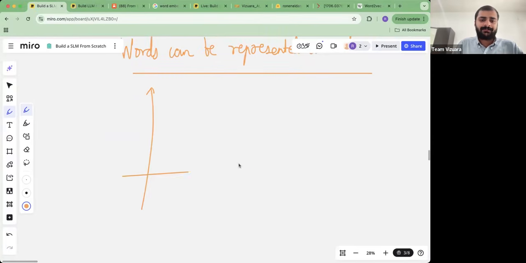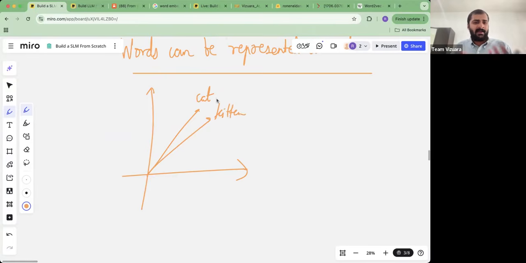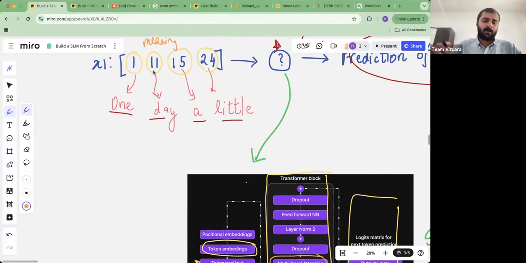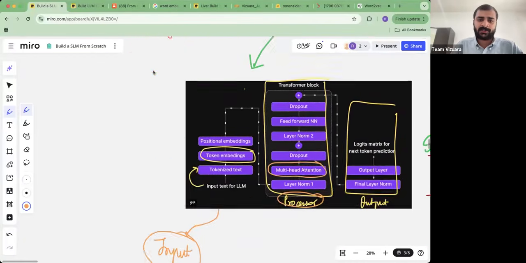So for example, if you take a look at cat, and if you take a look at kitten, both of these have the same meaning. But if you just encode them as token IDs, the semantic layer or the meaning will be completely lost.